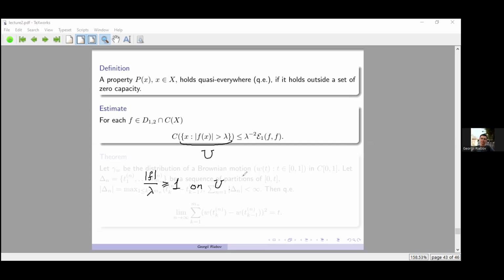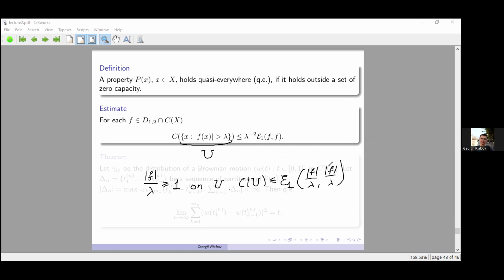Then the capacity of U will be less than the E_1 norm of f over lambda. Then we take out the lambdas, yes, we get 1 over lambda squared.